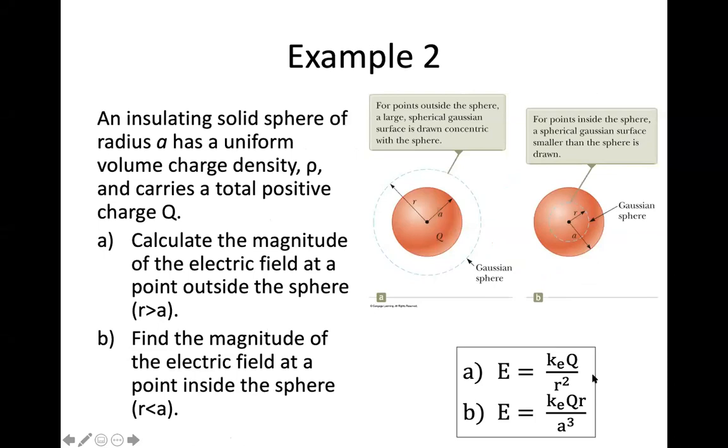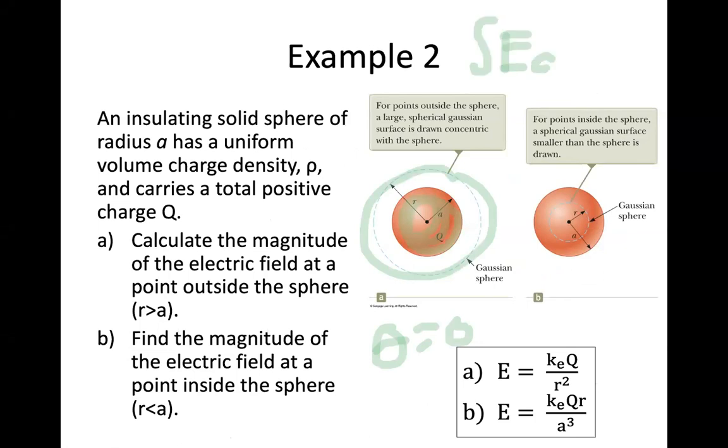Everything lines up, and all of those thetas will be 0. So if you choose a Gaussian wisely, your left-hand side usually just becomes EdA. You take care of the vector by choosing a Gaussian wisely.